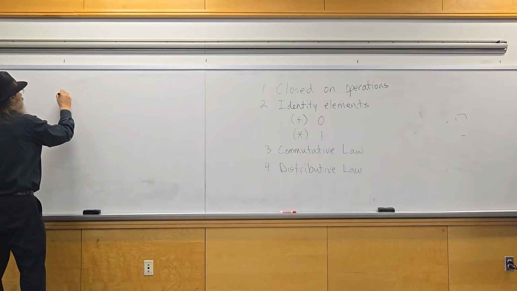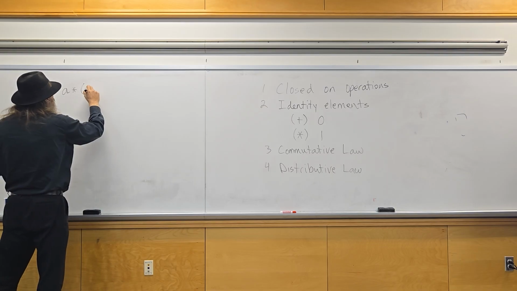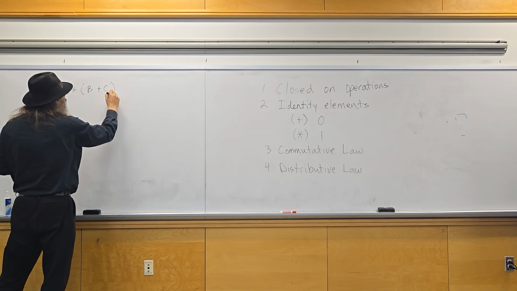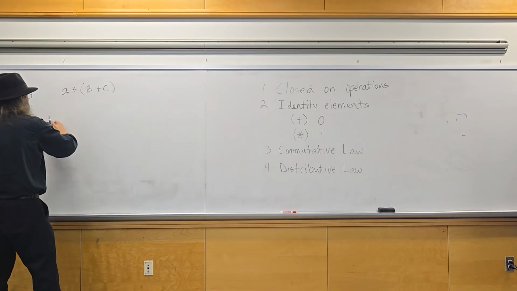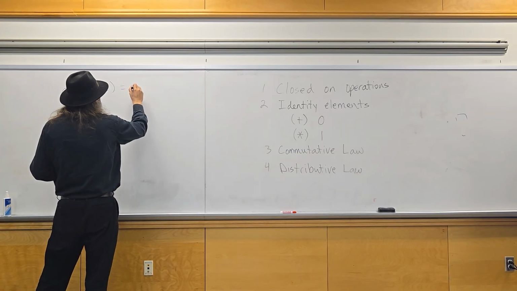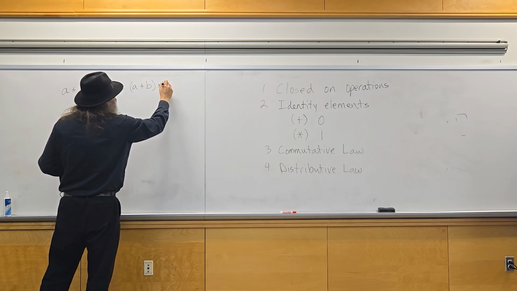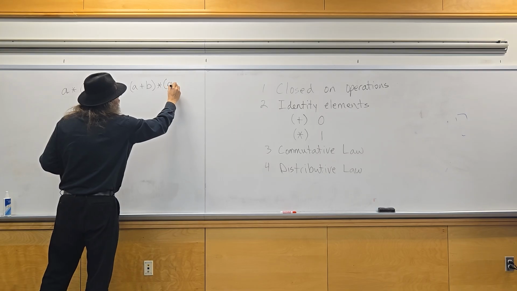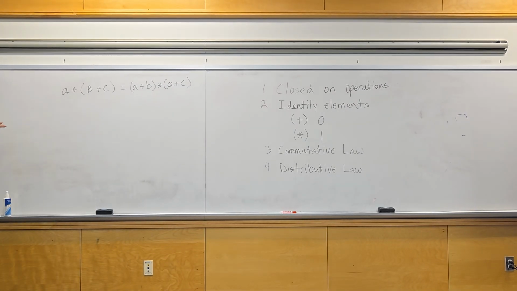If you have A times (B plus C), it is equal to (A times B) plus (A times C). Now that's the same as in regular algebra, right? The distributive law.